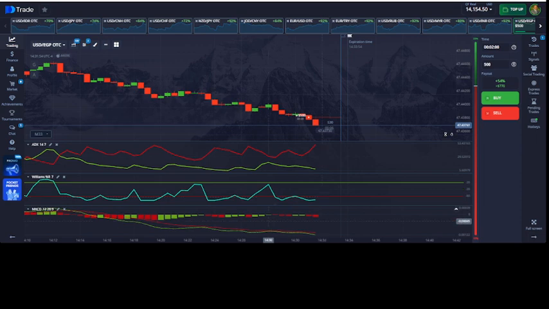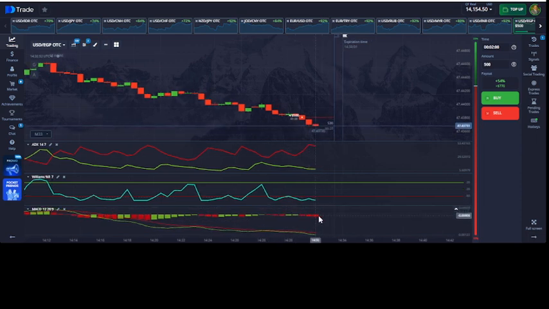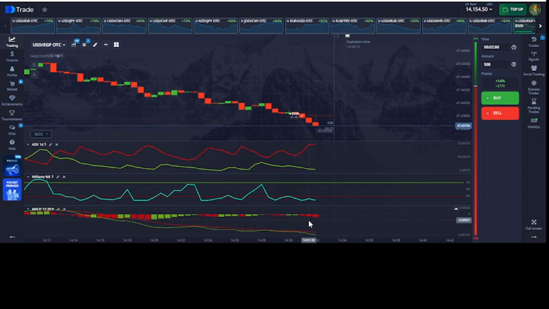And if we also look at the MACD indicator here, we're beginning to see these red histogram lines growing in length and printing below the 0 line.